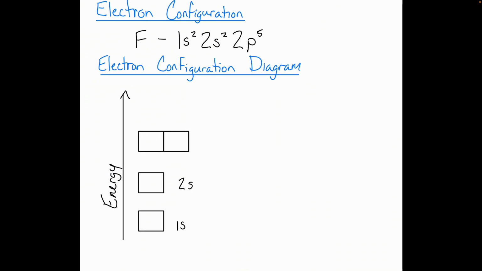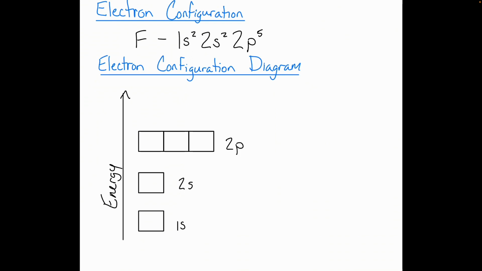Since it's a p orbital, it will get three boxes.